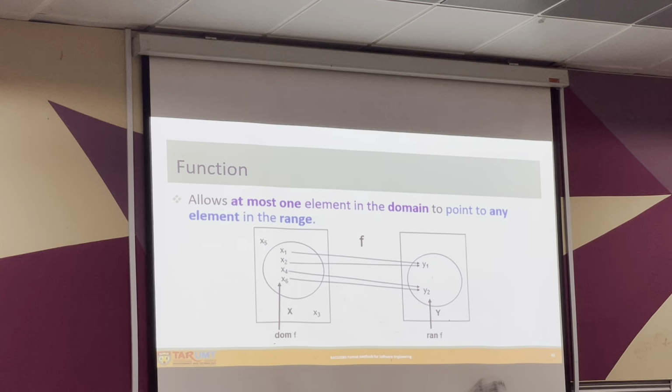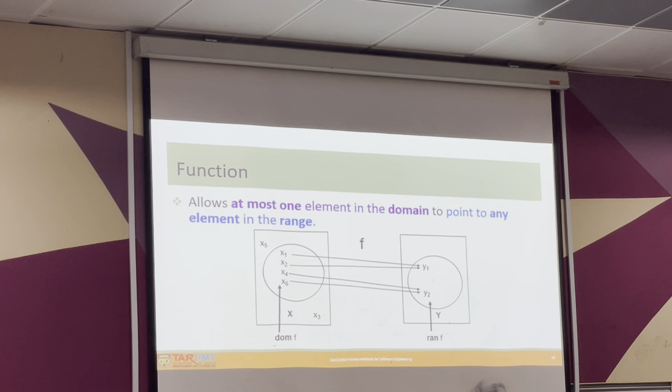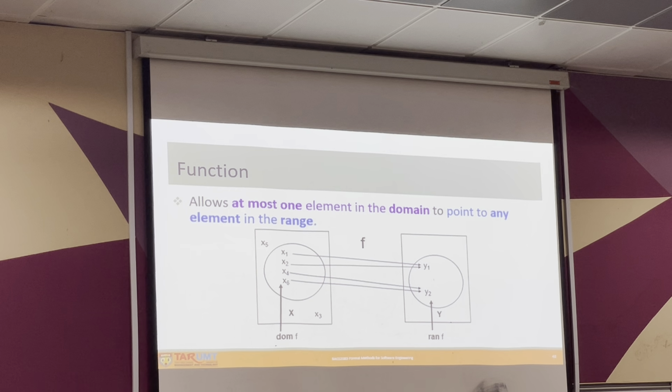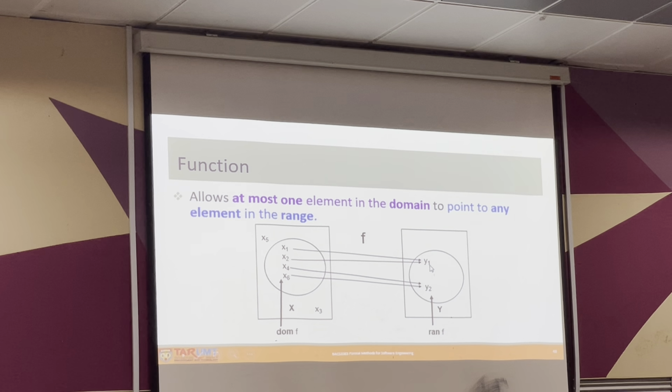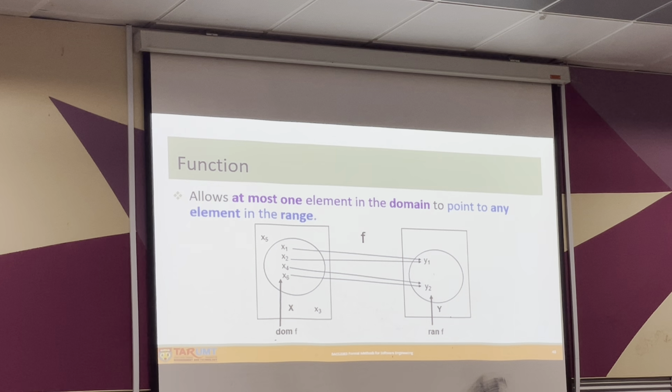But in pointing, you can point from one domain to one range, while the range can be mapped from many domains. So this is a many-to-one relationship. Because one domain maps to one range only, this is a function.